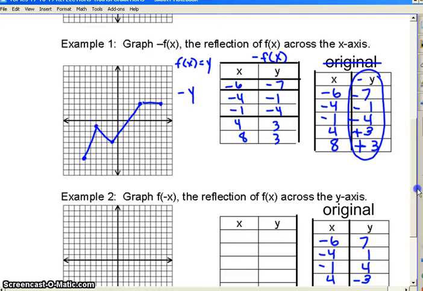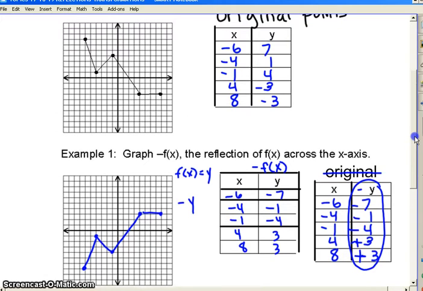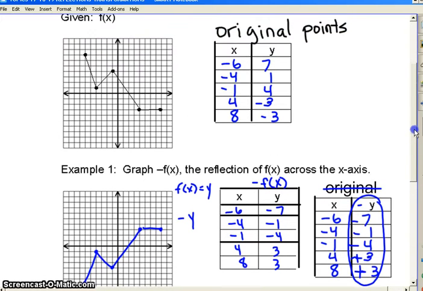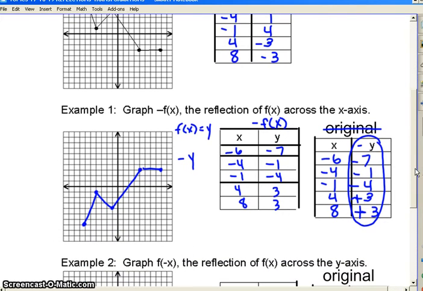The original graph that we started with was this one. Okay, all these original points, and we're going to look at several different reflections. The first one is negative f of x. In other words, take the entire function and make it opposite. Okay, since f of x means y, then negative f of x means negative y.